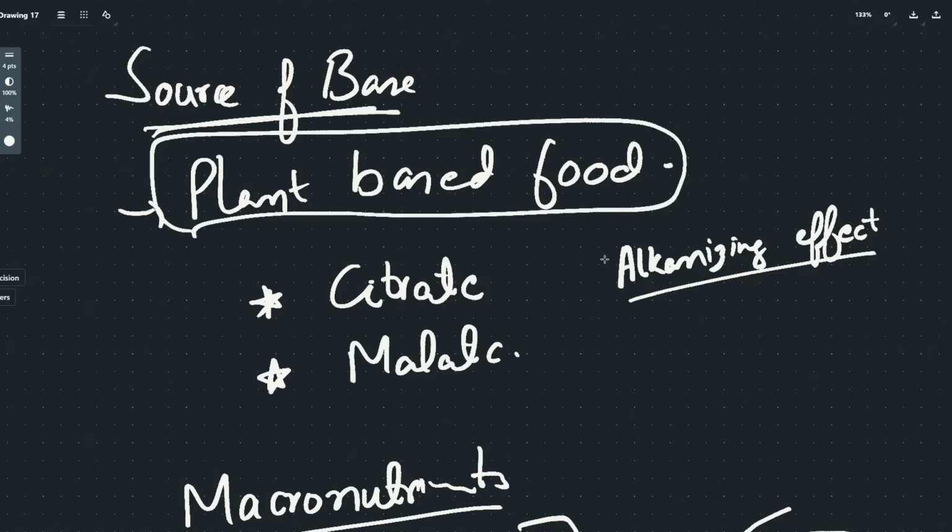So it is just about fixed acids and base, not about the volatile. Volatile, no matter what you do, you have to oxidize the food, you will have to produce the CO2 anyways. But these plant-based foods do minimize the fixed acids. Actually, they produce more of the fixed base. Actually, there is no volatile base. There is always fixed base.